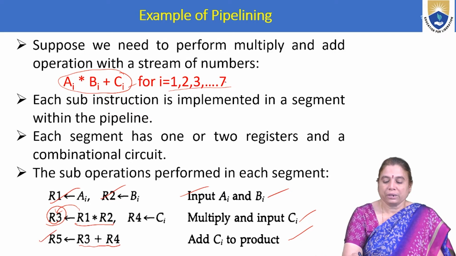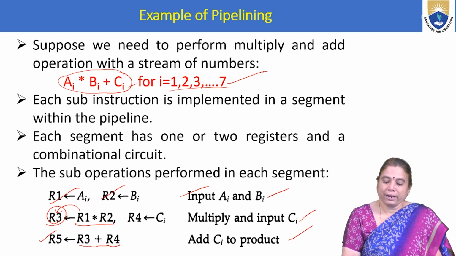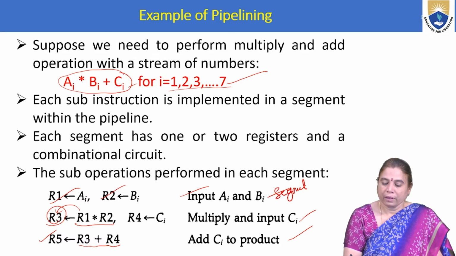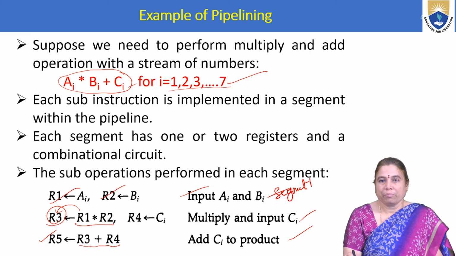So this computational task can be divided into 3 segments. This is segment 1. In segment 1, the inputs A and B can be stored in the corresponding registers R1 and R2. In segment 2, the multiplication of R1 and R2 can be performed.